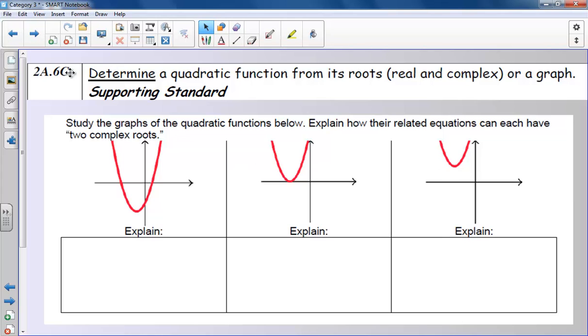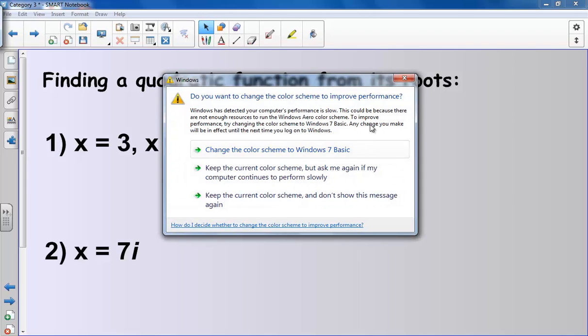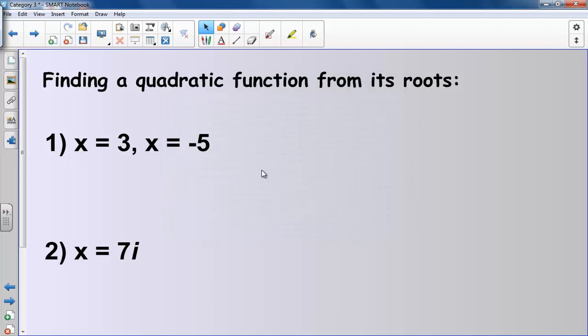What they're saying specifically here, though, is that you have to be able to come up with the function itself, starting with its roots. So let's say I was given the roots 3 and -5, meaning that when I graphed this, the x-intercepts were at 3 and -5.